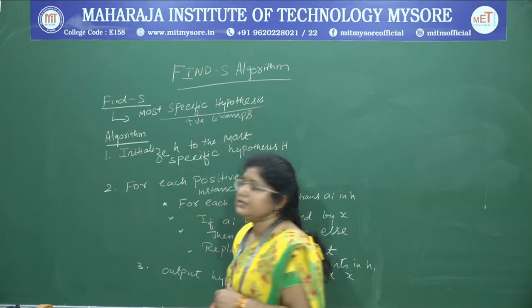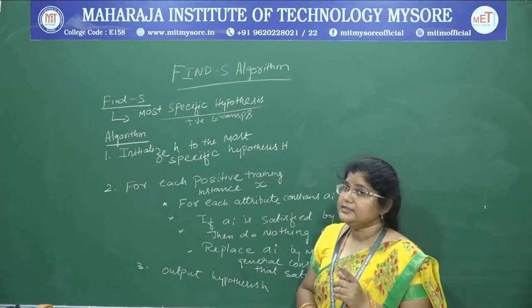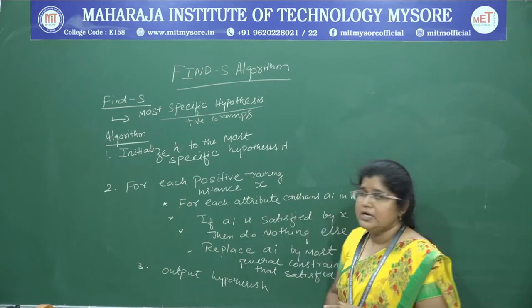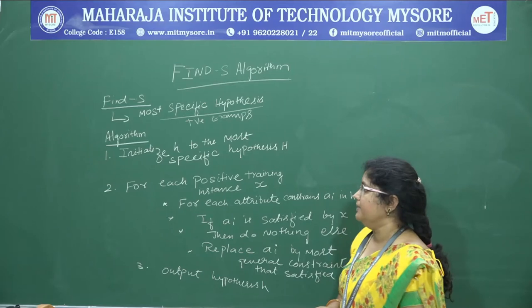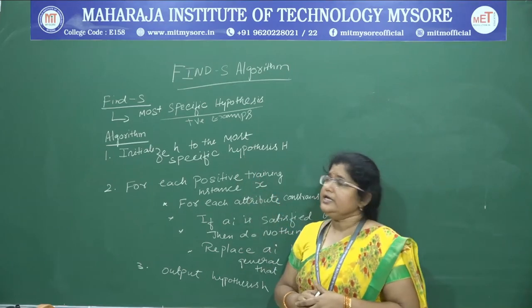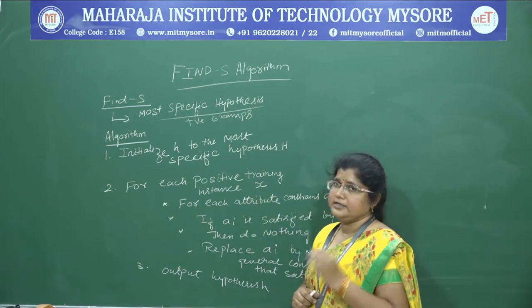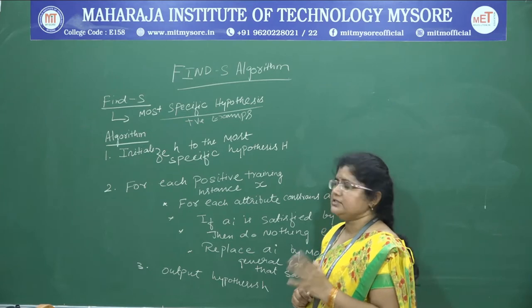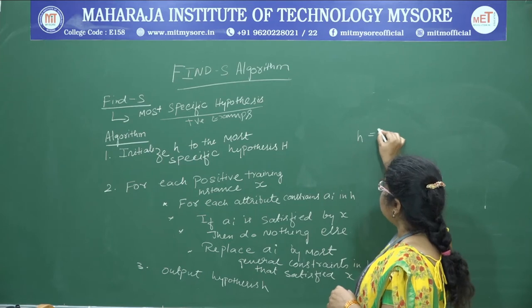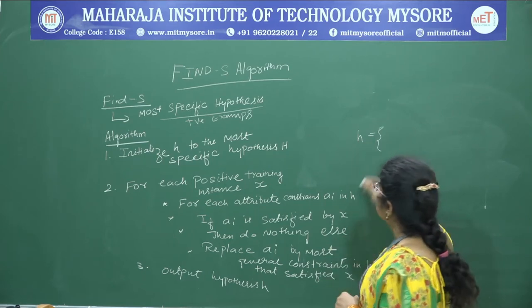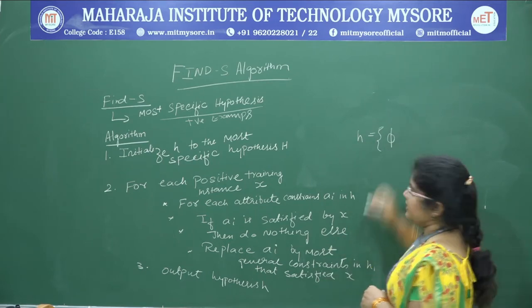When it is addressing the positive examples, let us consider the algorithm steps, based on which the algorithm is going to be implemented. The first thing is to initialize H, that is the hypothesis, to the most specific hypothesis. That is, H must be initialized to the most specific hypothesis, indicated by the phi value.